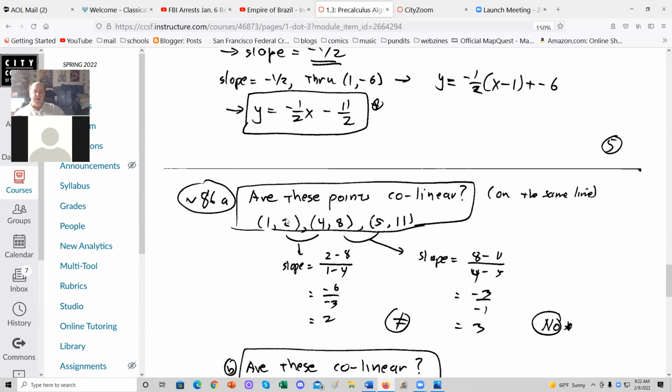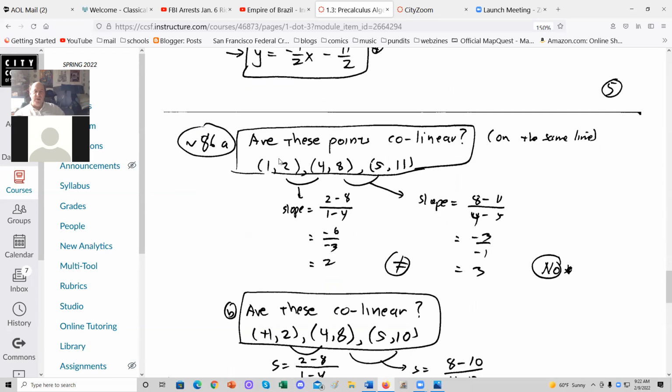Here they ask, if here are 3 points, are they collinear? Are they on the same line? Well, one simple enough trick is to find the slope between the first 2 points and the slope between the last 2 points. If they're the same slope, then they are collinear, and if not, then they are not.